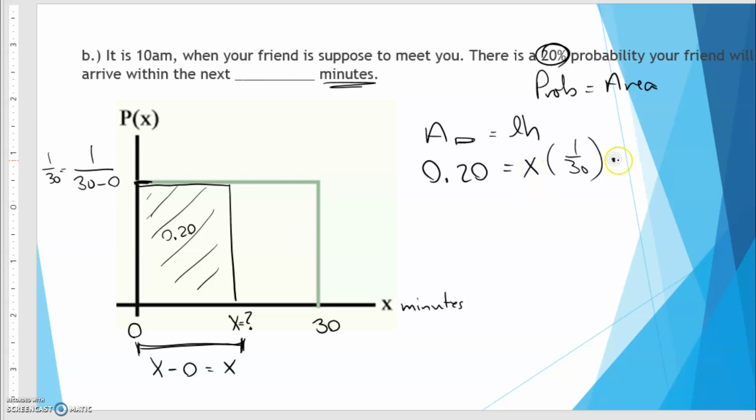So I need to multiply both sides by 30. They will cancel out here, and I'm left with x. So x is equal to 30 times 0.20, which would give me 6. Okay, so I have a 20% chance that my friend will arrive within the next 6 minutes.